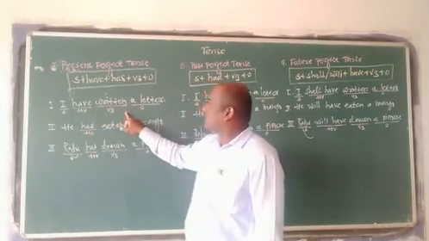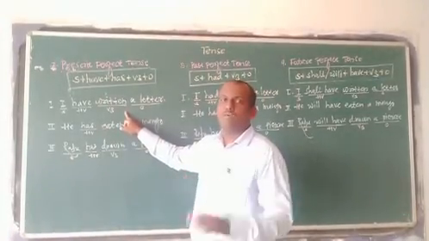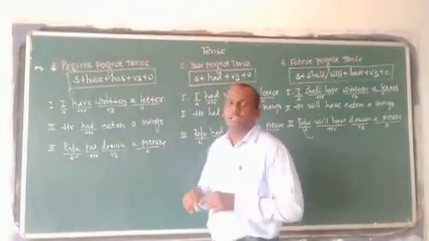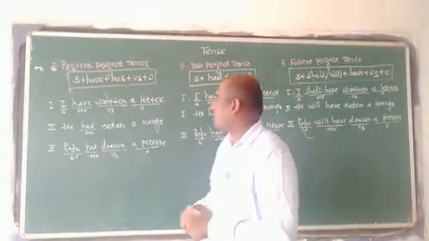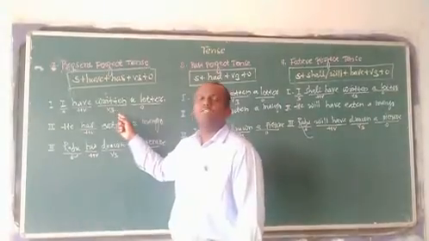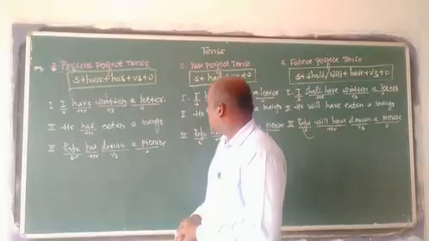Then written is V3. I told you, while studying this tense, I provided you some charts, and those charts are important. That is V1, V2, V3, V4, and V5. So V3 is the third form of verb, and O is object.